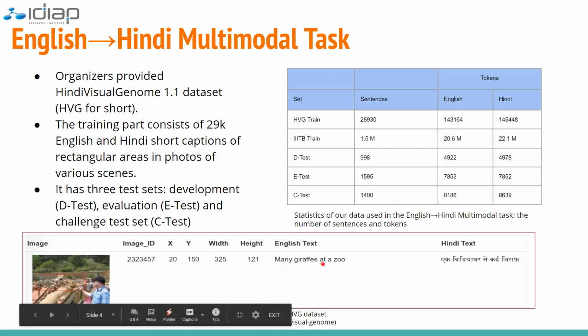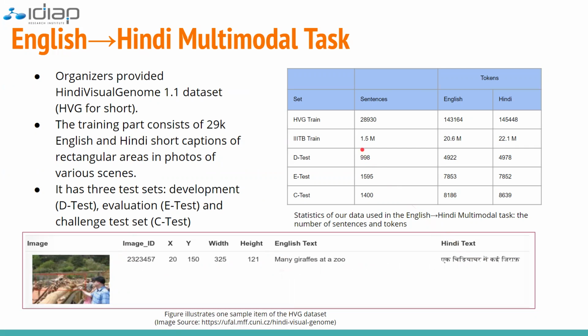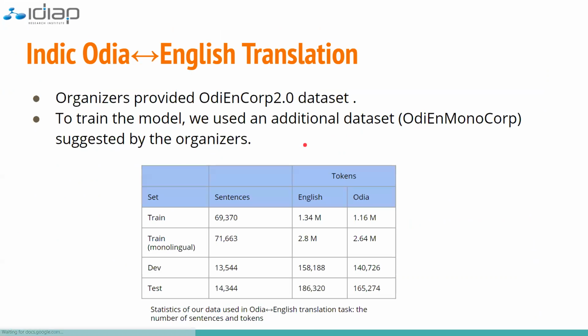And this is the English text as well as the Hindi text, and this is the dataset size for training, development, and test, which we call D test, E test, and C test. Here we have used an additional resource, IITB, for text only translation.